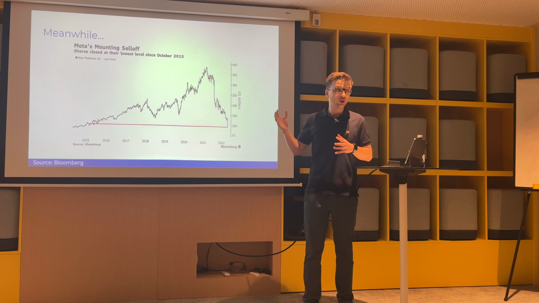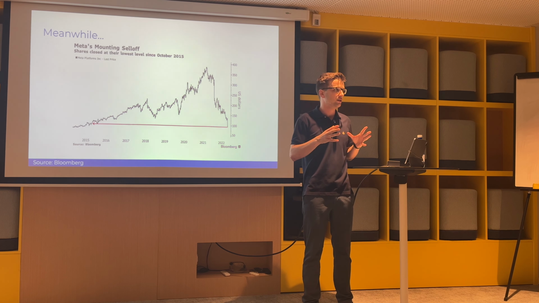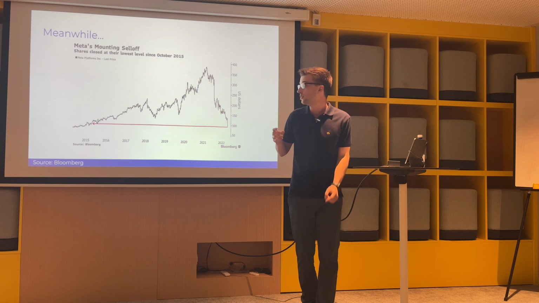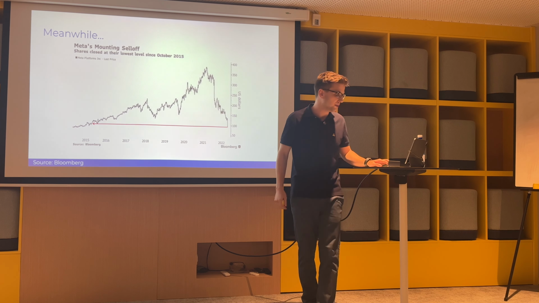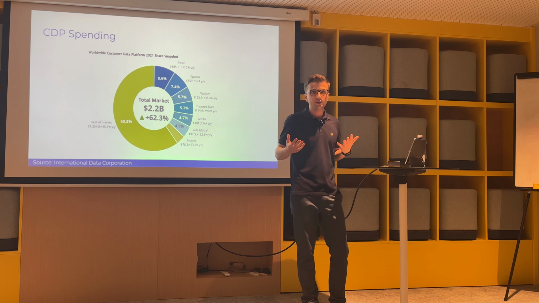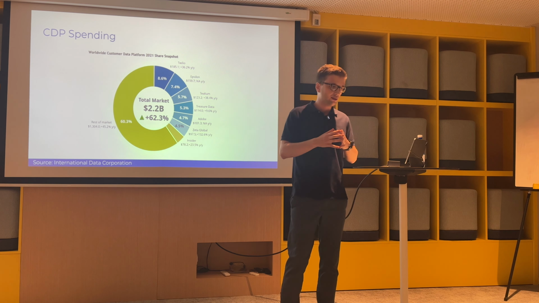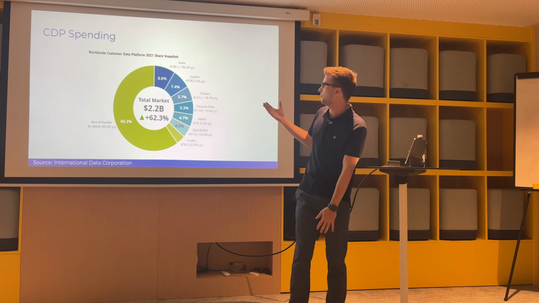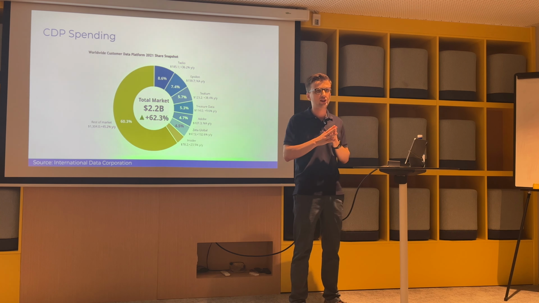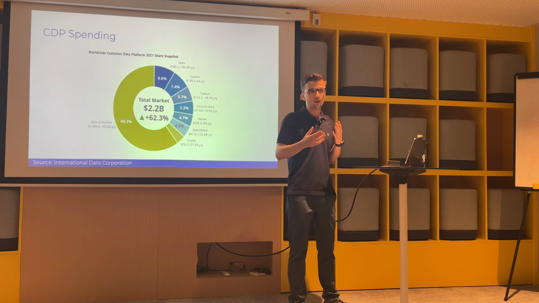Unlike Google, who has 65% of their revenue coming from ads, with Meta it's 98%, so their effect is a bit more. On the flip side of these changes, we have a new market segment for CDPs, and it is growing.